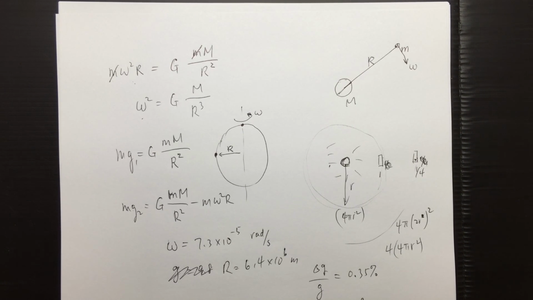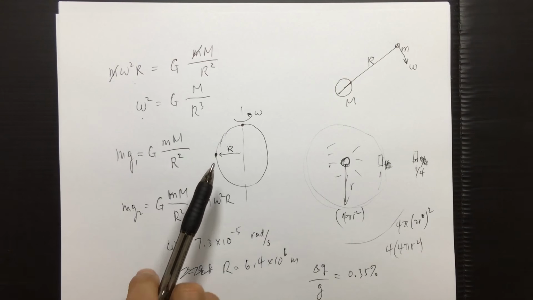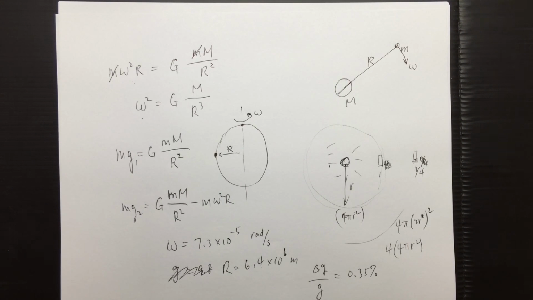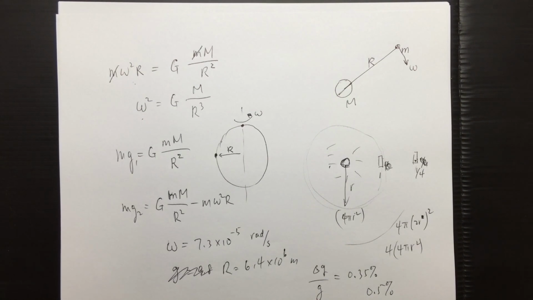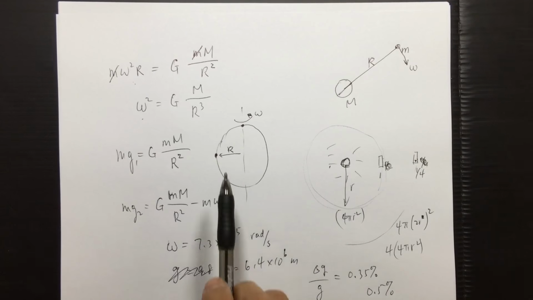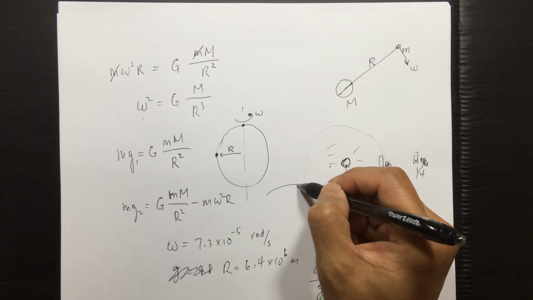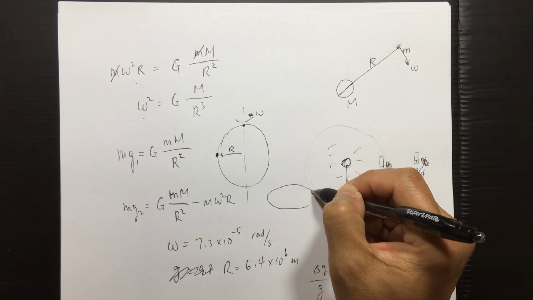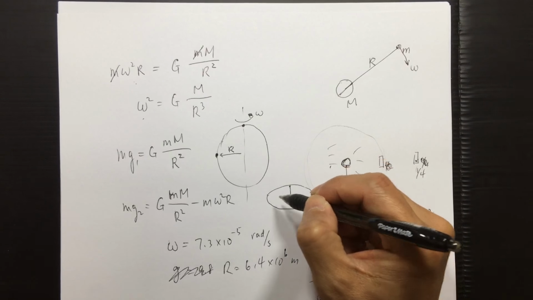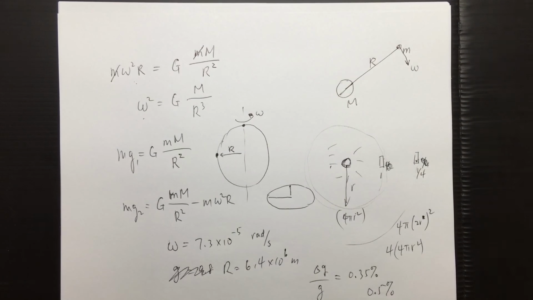So it's very, very slight, the difference of g here and here. That's why you don't feel it. When you go to Alaska, you don't all of a sudden feel you're heavier. Actually, the real number is more like 0.5 percent, and that is because this R and this R are not the same. Earth is a little bit like this shape. R here is less than R here, not by that much, but just a little bit.